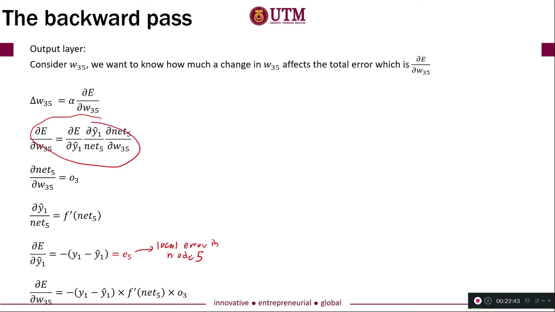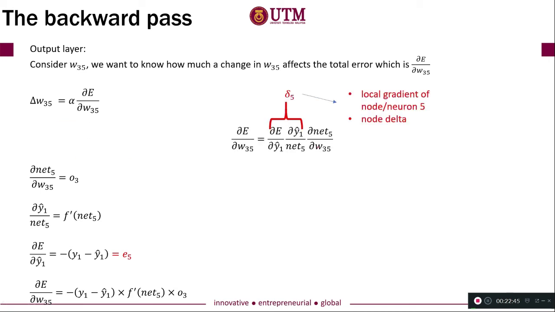I just bring it to the center there, and define that this component is your delta 5. What is delta 5? Delta 5 is del E over del net 5. So if you talk about neuron 6, it will become delta 6.